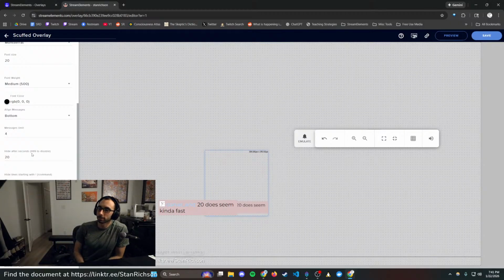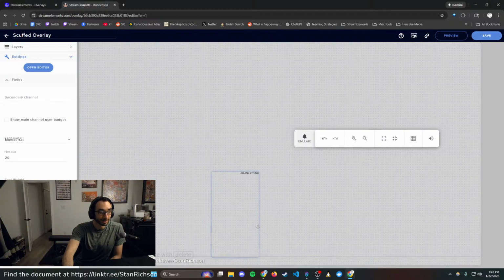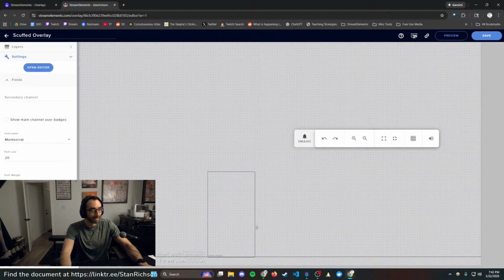Maybe it is actually 20 seconds, but why is it so high up now? What is going on? Shouldn't it just be right here? I don't know why it's doing that. This is just terrible software.